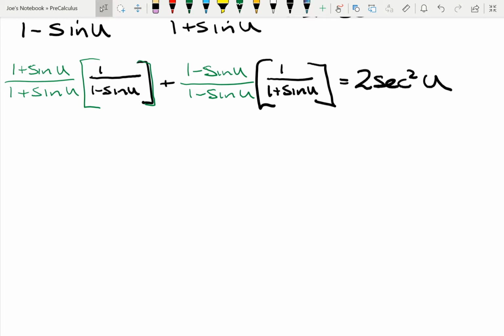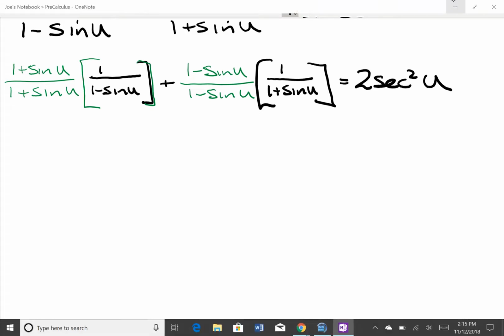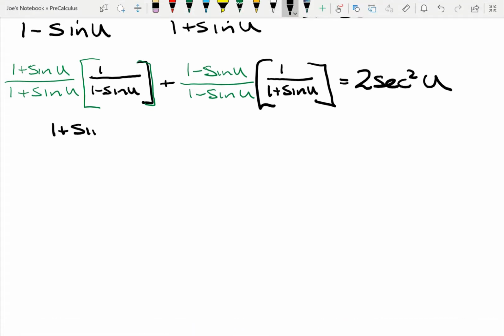So in this case, it's a nice easy one. 1 times a binomial. So 1 times 1 plus sine of u is just going to be 1 plus the sine of u. And that's all over the denominator 1 plus sine of u, 1 minus sine of u.